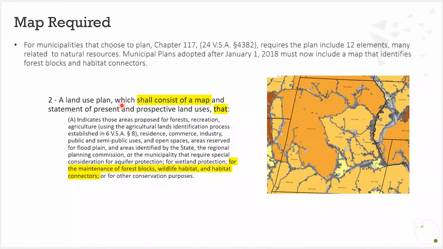The land use plan, which shall consist of a map that includes, among other things, those forest blocks, wildlife habitat, and habitat connectors. Now that map can look a couple of different ways. It doesn't have to be totally cookie cutter, but to be clear, you do need a map at this point.